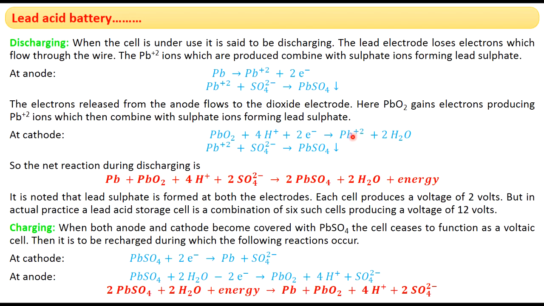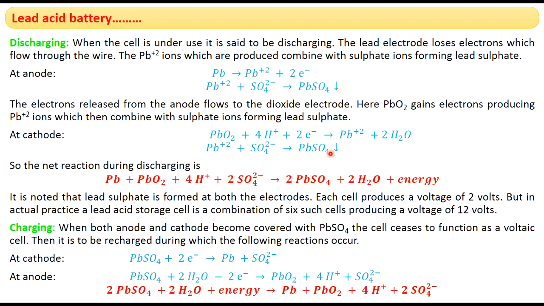Lead cations which are formed consume sulfate ions which are present in the electrolyte sulfuric acid and form lead sulfate. So at the cathode, lead dioxide undergoes reduction by consuming 2 electrons and 4 protons and forms 2 water molecules and lead sulfate.